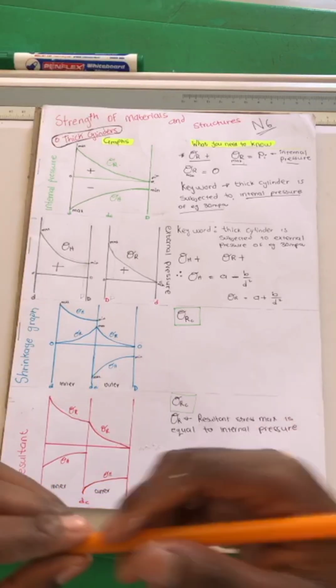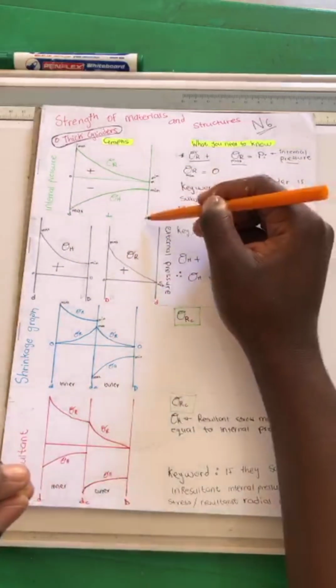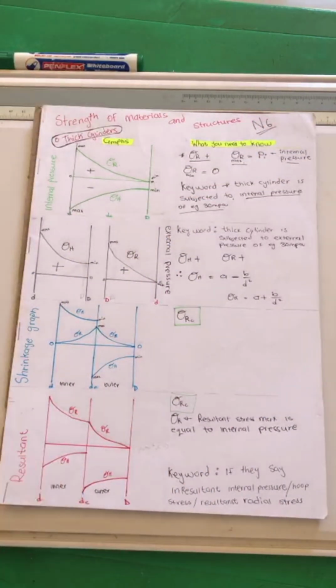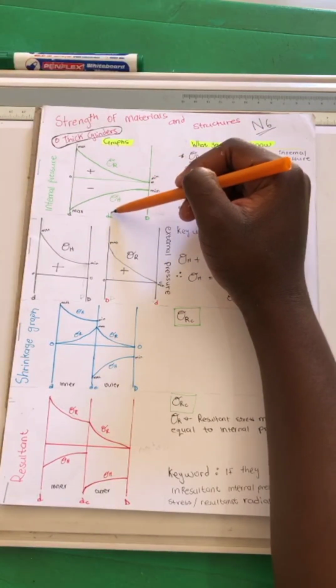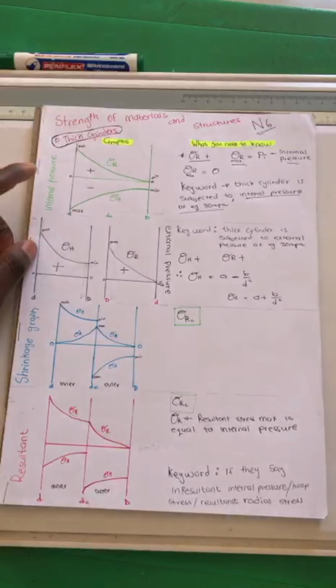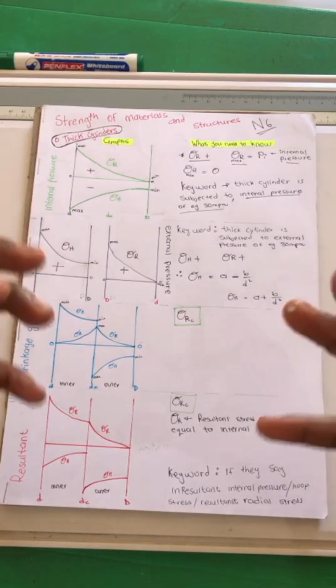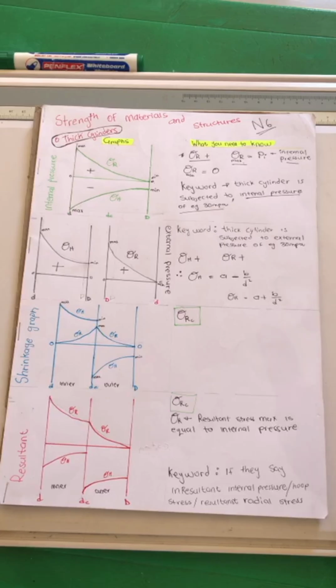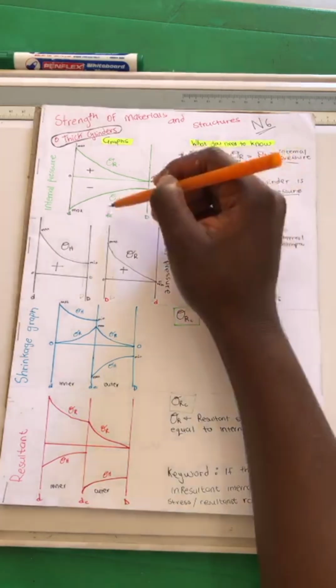So we're going to have small letter d and big letter D. Sometimes we also have DC. DC is experienced when the graphs are compound, meaning when the thick cylinders are compound. That's the only time we'll have DC.